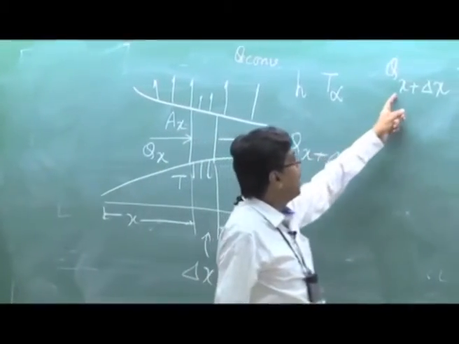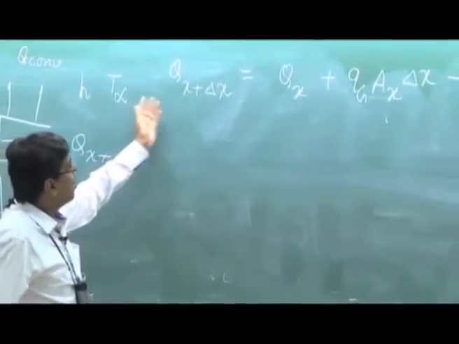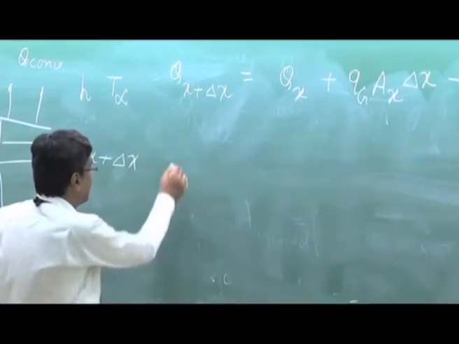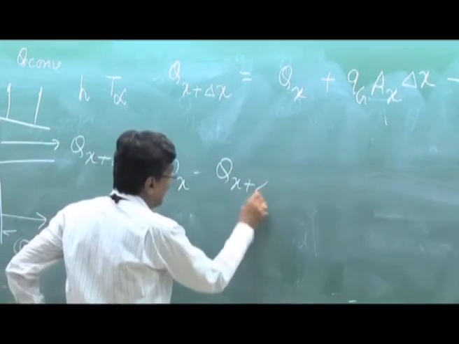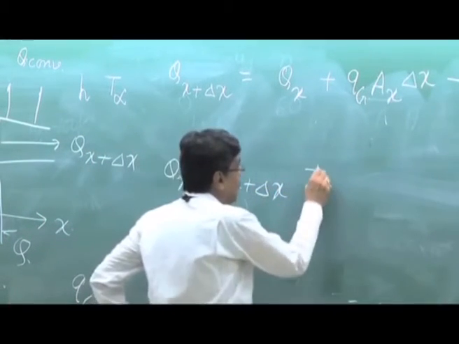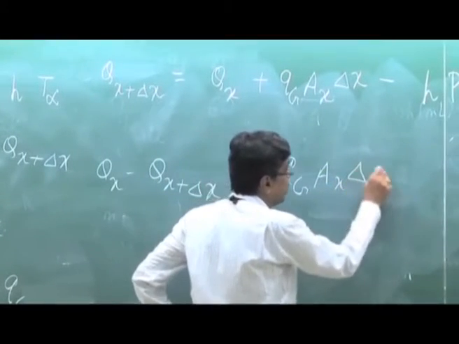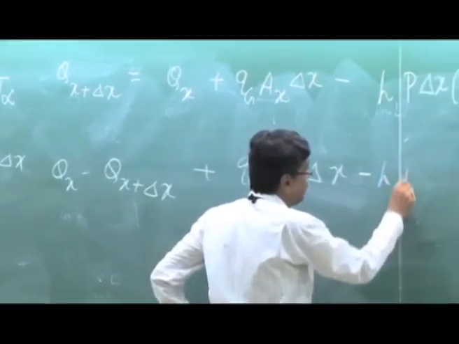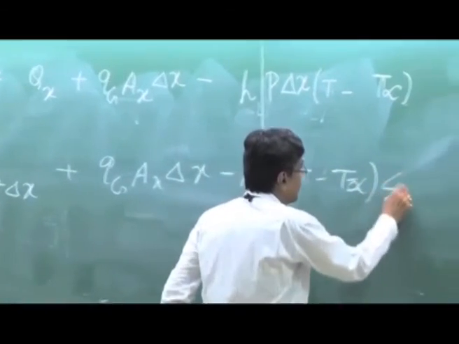Now Qx plus del x, I take it to this side, that Qx minus Qx plus del x plus Qg Ax del x minus hP (T minus T infinity) del x is 0.